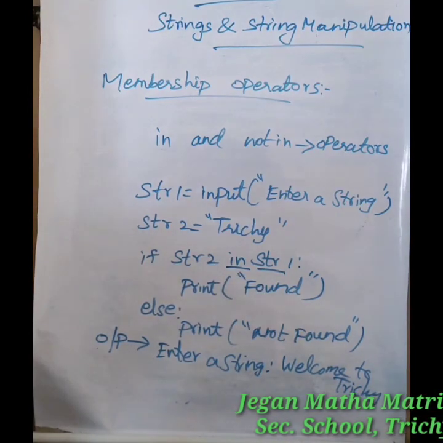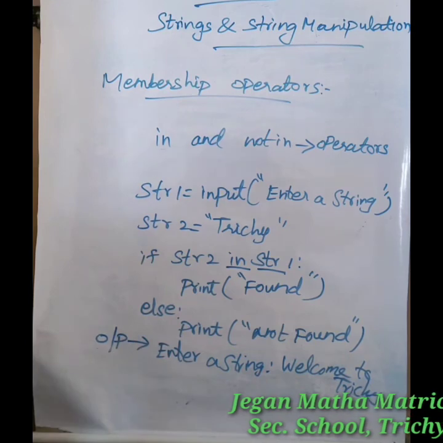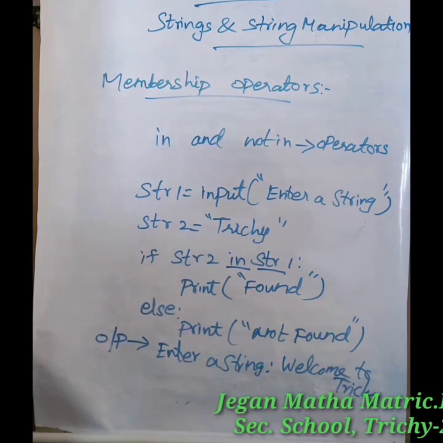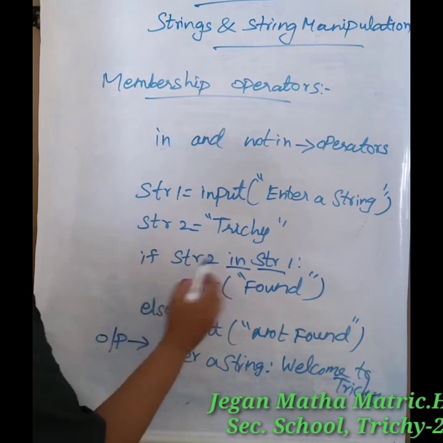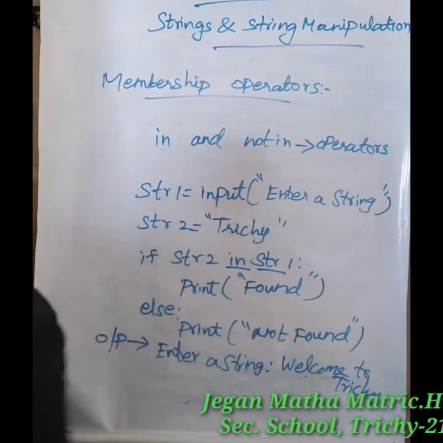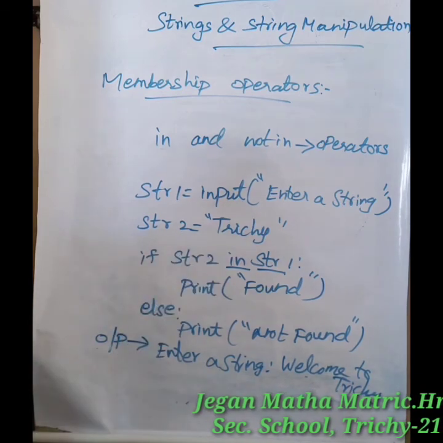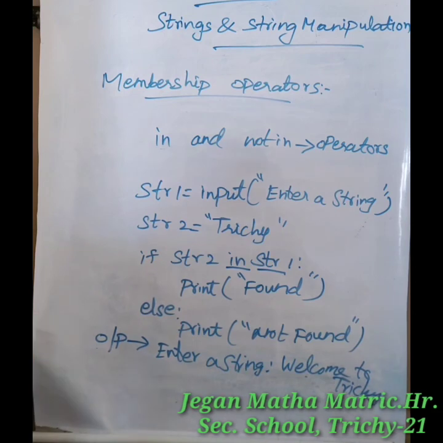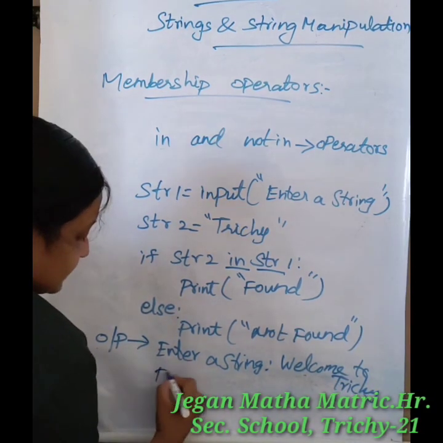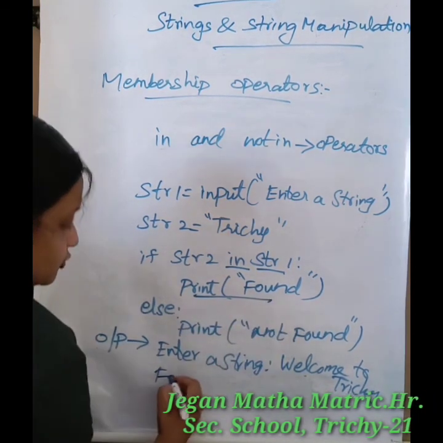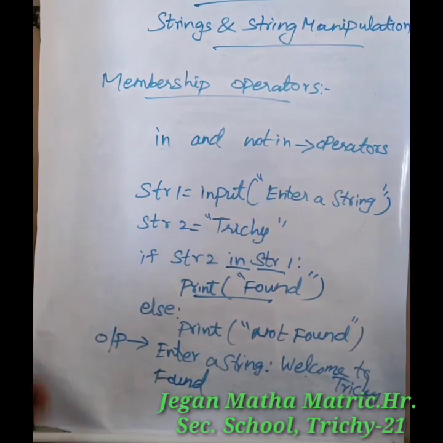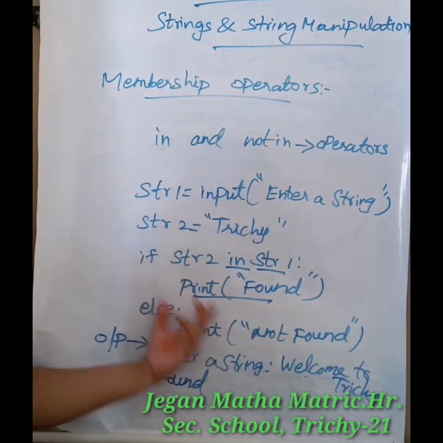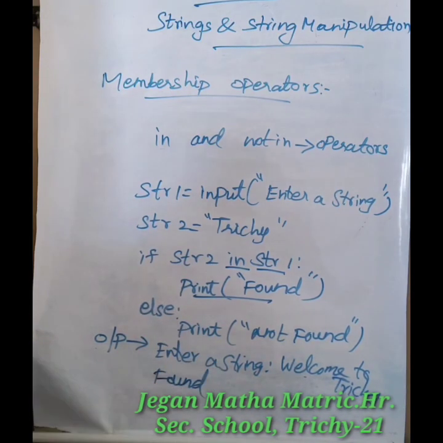Already we know that in an if statement, if the condition is true, it executes the true block. Otherwise, it executes the false block. So here, the string is welcome to Xii, then string 2 also Xii. So string 2 is present in string 1. So the output of this program displays the true part, that is found. In case string 2 is not present, it executes the false part, that is not found.